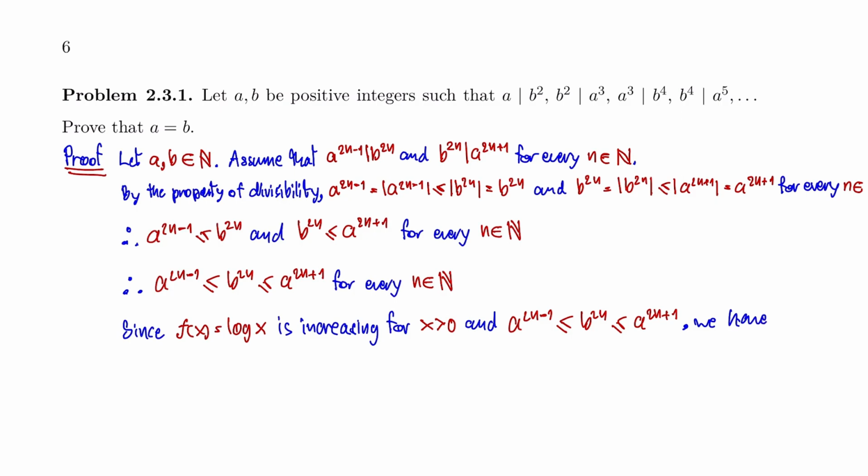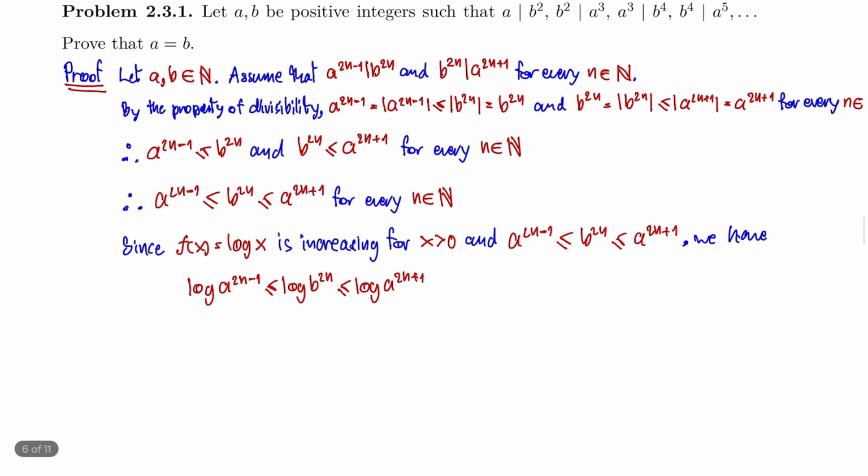So we can take log on all sides of this inequality. We're going to have log a to the 2n minus 1 less than or equal to log b to the 2n less than or equal to log a to the 2n plus 1. Okay? And then we write this exponent in front of the log.